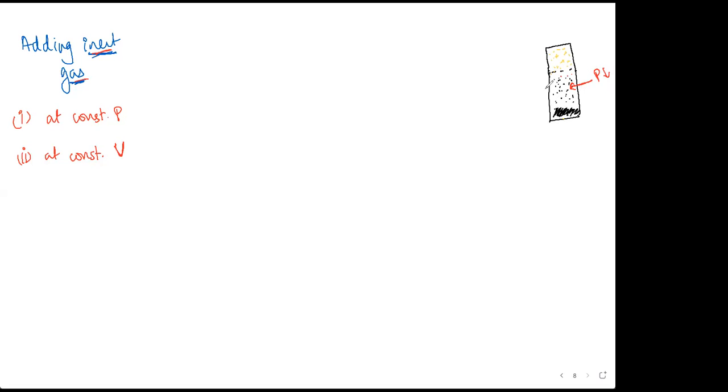Okay. So if pressure with respect to the reactive gas has decreased, in which direction is the equilibrium going to shift?